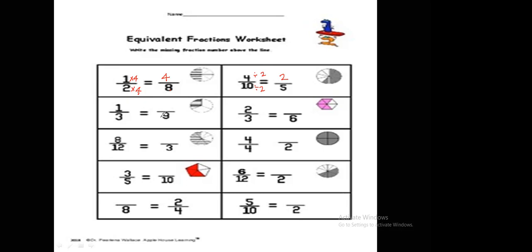Then to obtain 9, what do you have to do? Divide the 9 and see. 3. Then it means this has multiplied by 3. If it has multiplied by 3, definitely you have to multiply this also by 3. 3 times 1, 3. 3 times 3, 9. 3 over 9.